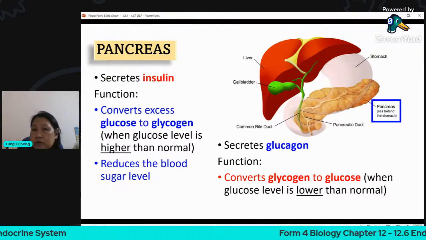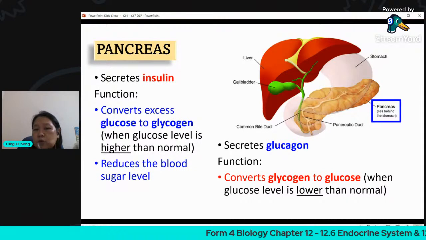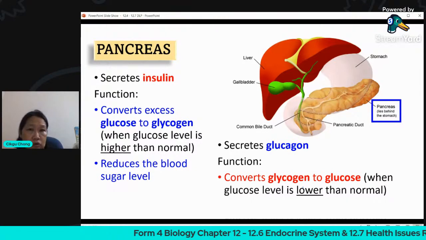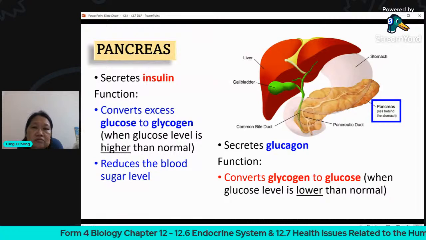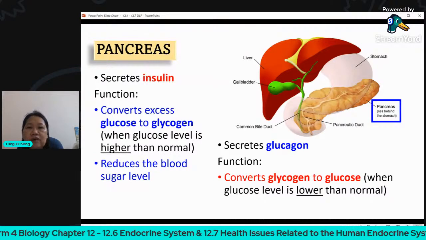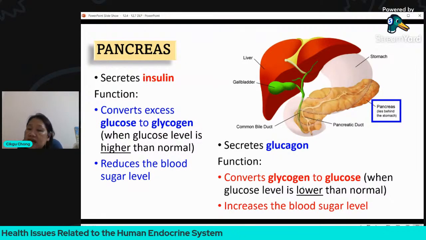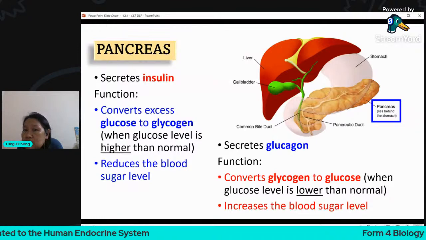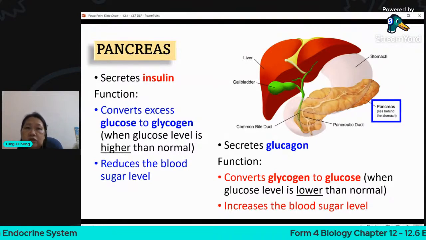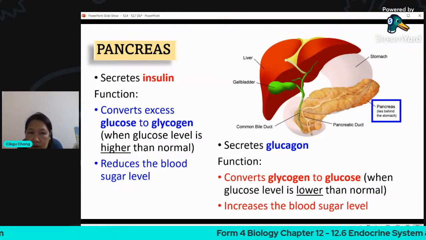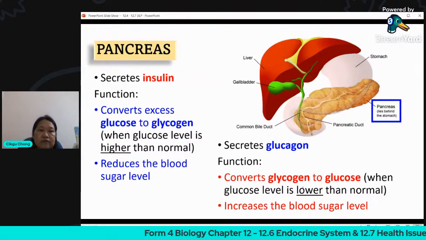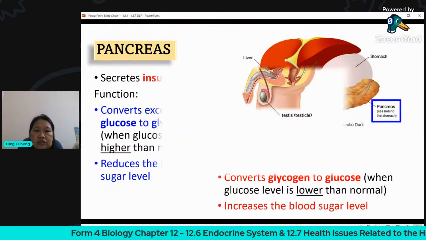When you do not eat for many hours, your glycogen will be converted back to glucose to fuel your cells. Fuel, F-U-E-L, fuel. Okay, make your cells have the food or the fuel. It increases the blood sugar level. When you have a lot of glucagon, your glycogen will be converted back into glucose. So your glucose level will rise. Okay, right. You've learned this before. All right. It's just revision.